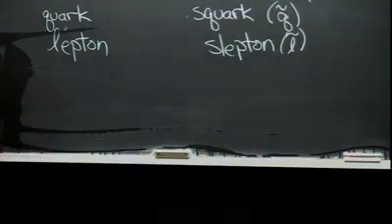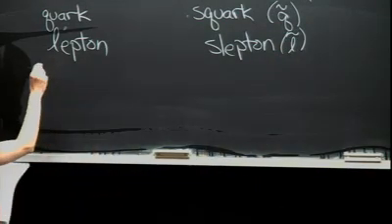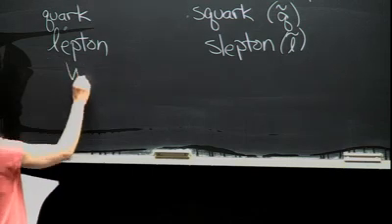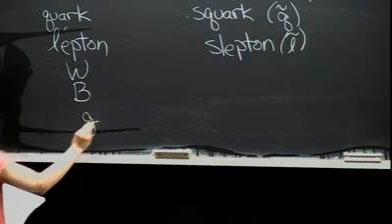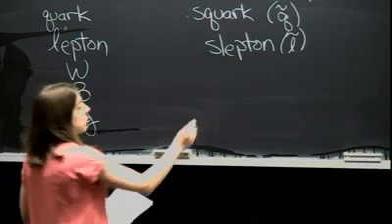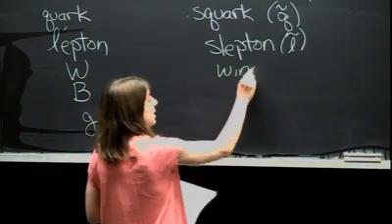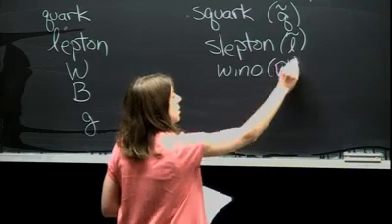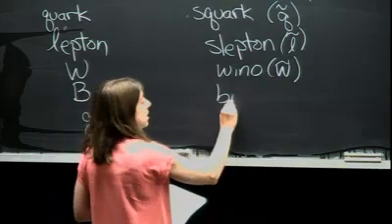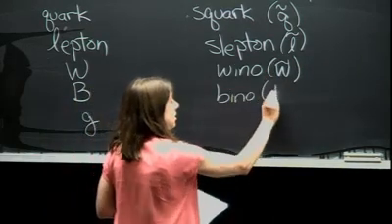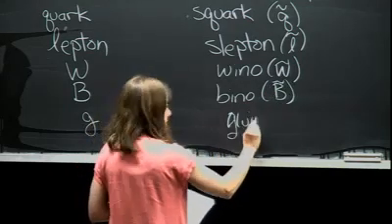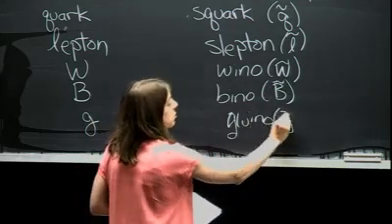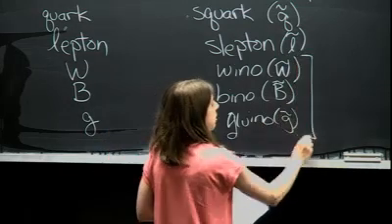All right, then for the bosons, we have the W, the B, and the gluon. Their partners are going to be Wino, Bino, and gluino, all of which are fermions.